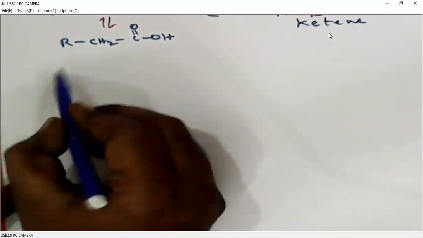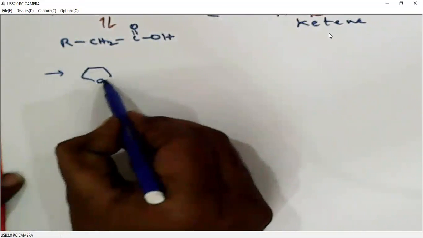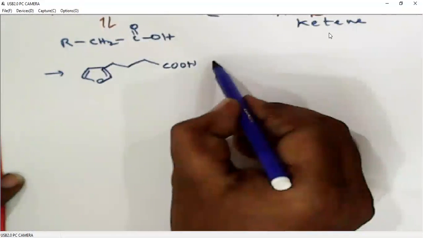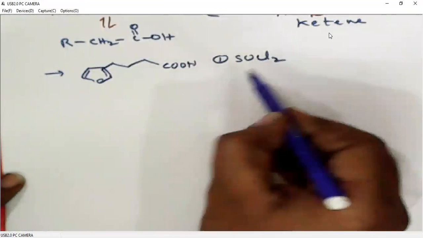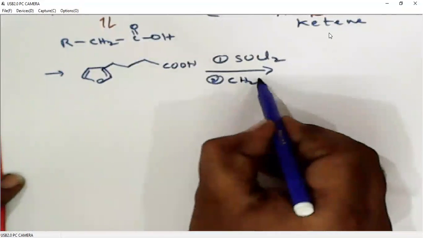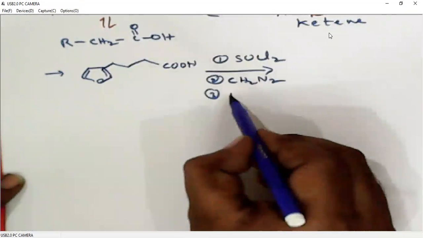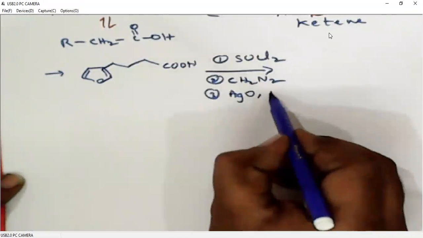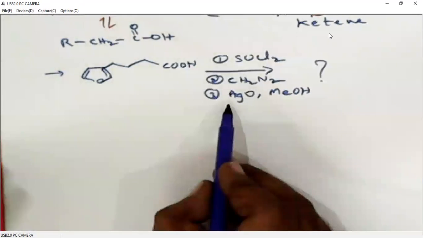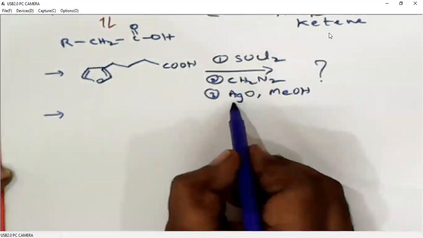I'll just give some examples for Arndt-Eistert synthesis. So carboxylic acids can be converted to acid chloride by treatment with thionyl chloride. Then treatment with diazomethane will convert that into alpha diazoketone. Alpha diazoketones upon treatment with a carbene generating reagent will generate carbene, then they will undergo rearrangement to give ketene.